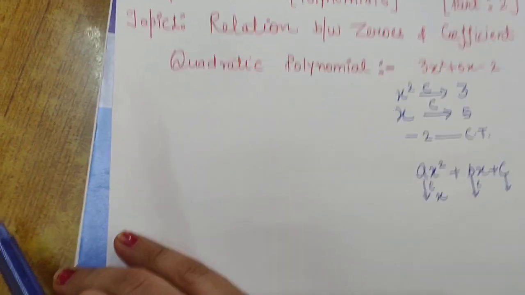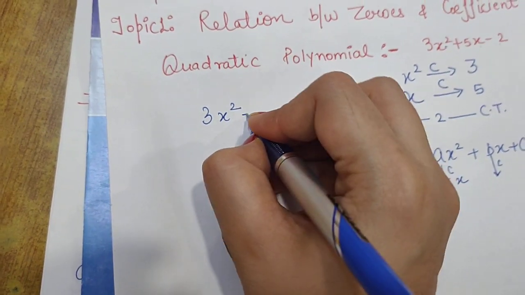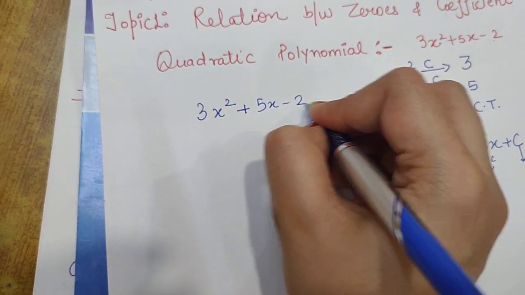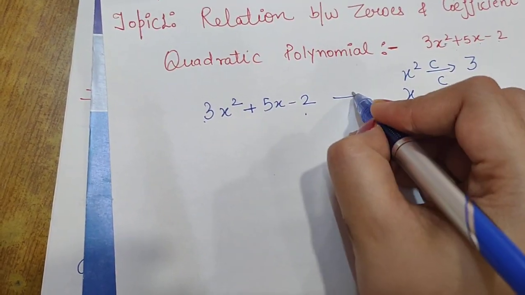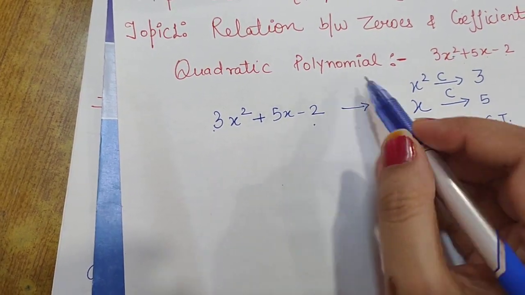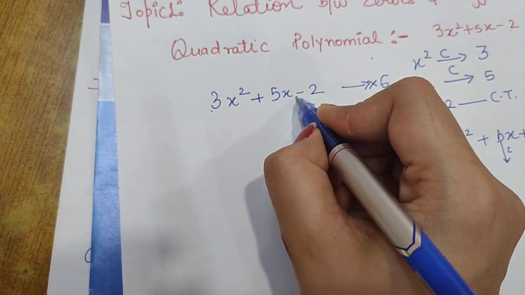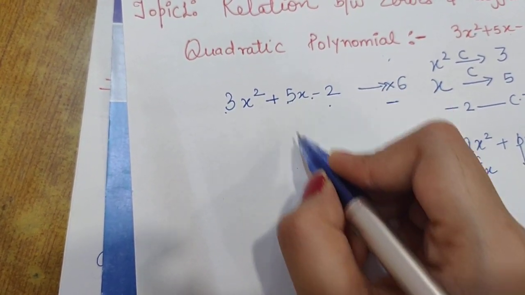So now we will find the zeros of this polynomial with the factorization method, which we have already done in class 9. So how to do it? 3 into 2 is 6. It means we have to take two numbers whose multiplication should be 6 and subtraction, because here is the sign of subtraction, should be 5.